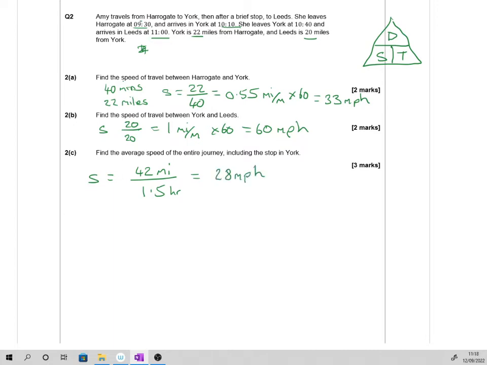Although we were doing well between York and Leeds, we've got to take into account the half hour stop, that's why it slowed everything down.